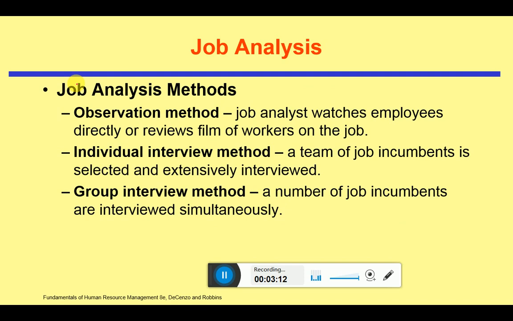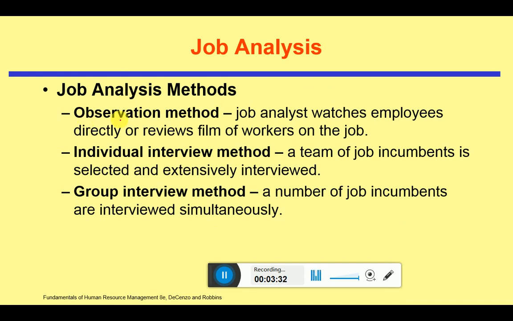Now we will discuss the different methods used under the job analysis process. The examination of jobs is done by different techniques. Number one is the observation method. What is the observation method?